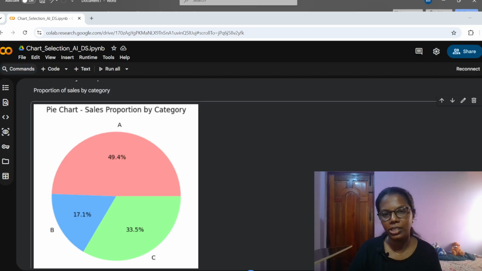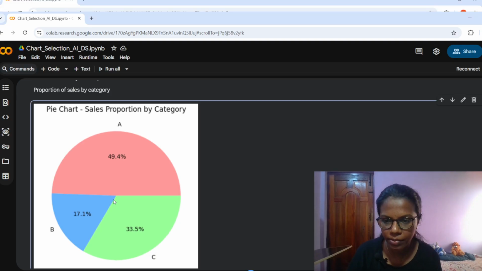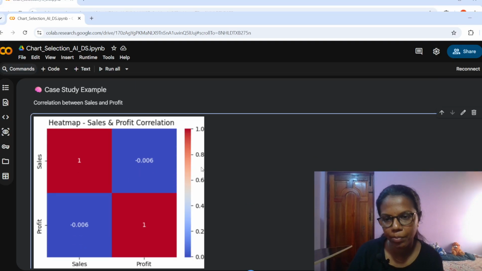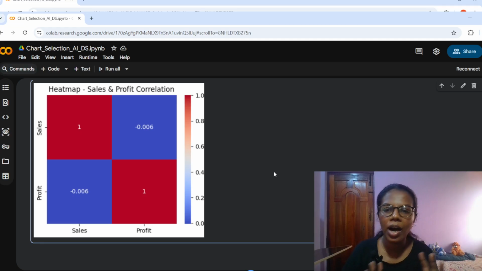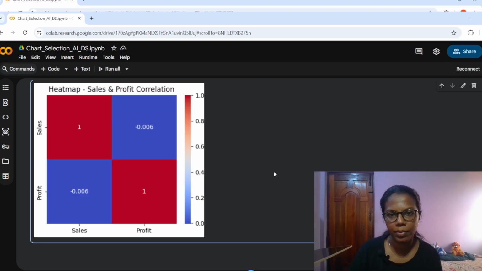And finally, the last chart that we have is the heat map. This is definitely an important chart that you are going to use for seeing the relationship between my features and target variable.